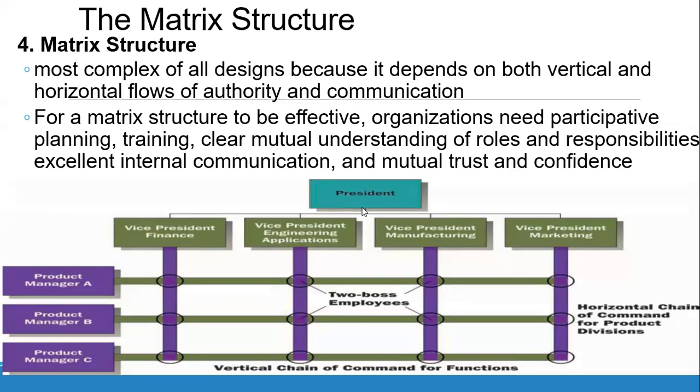So whereas an individual may be reporting vertically to a supervisor, if you look at these vertical lines, this person may be reporting vertically to a vice president of finance in, let's say, China, but horizontally to a product manager in South Africa, the same person.